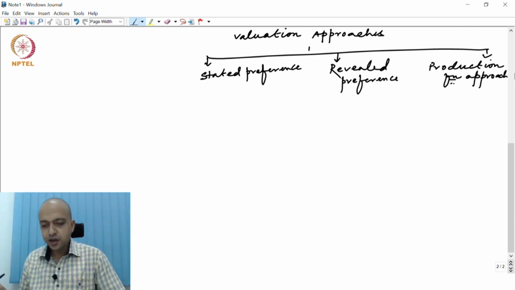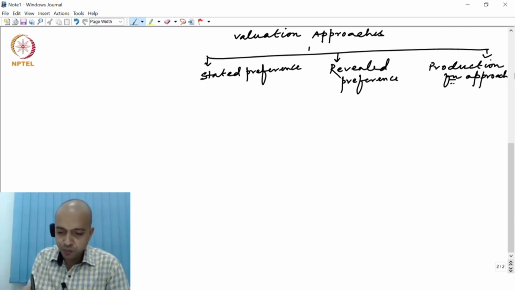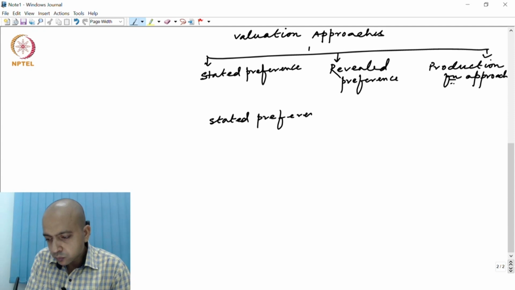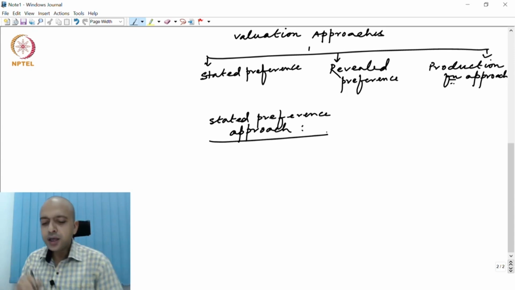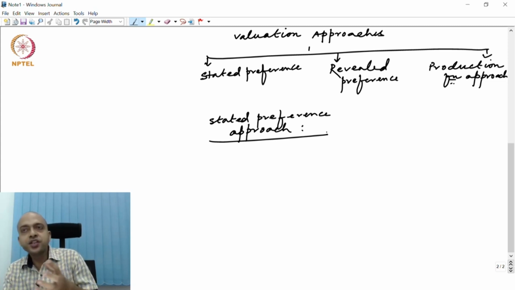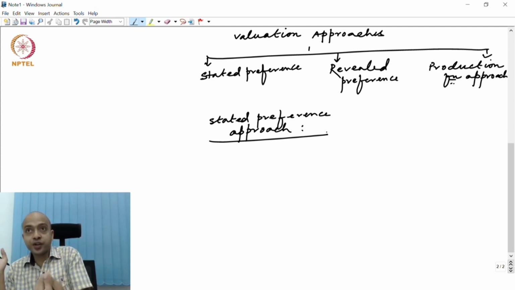Okay, so let us now first talk about stated preference approach. In the stated preference approach, we ask the respondents to state their preference about environmental goods and services. That is why it is called stated preference approach.